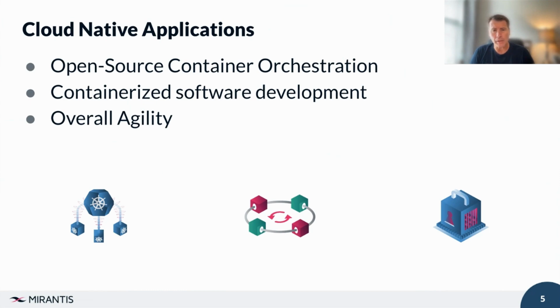Security, high availability, and guaranteed performance are easier and much cheaper to achieve with these technologies than any prior generation of solutions. So the containerized software development and modern application design patterns allow your developers to build better, more secure applications faster, and allow you to evolve them more quickly.